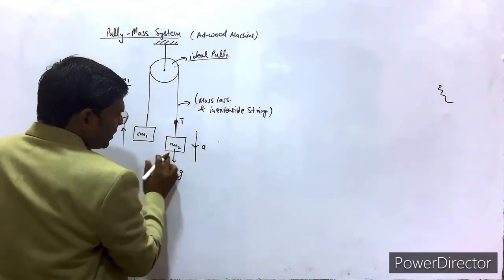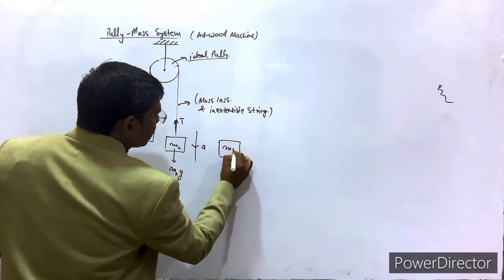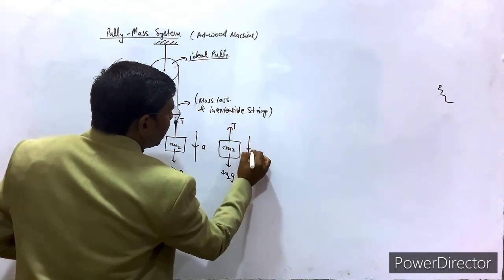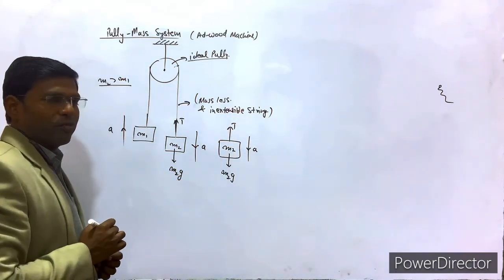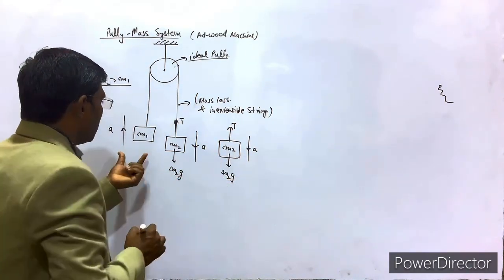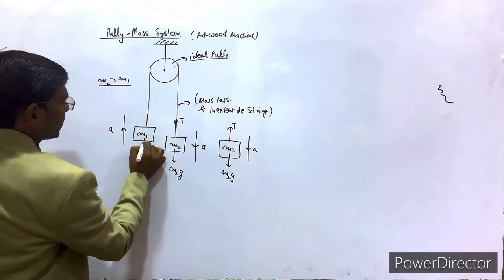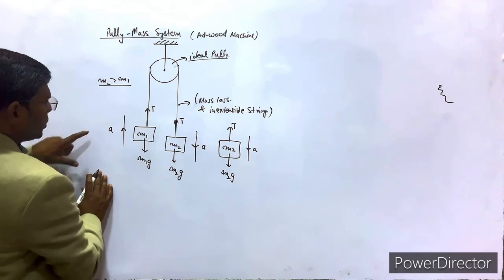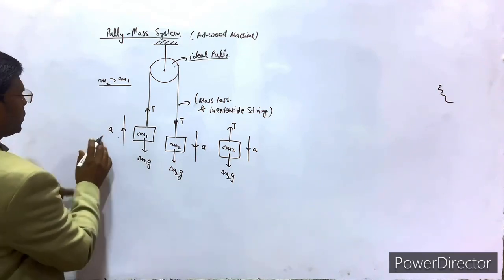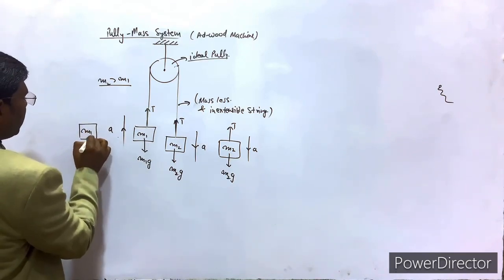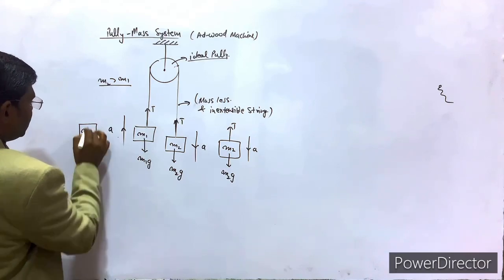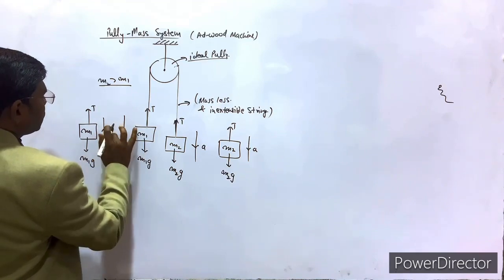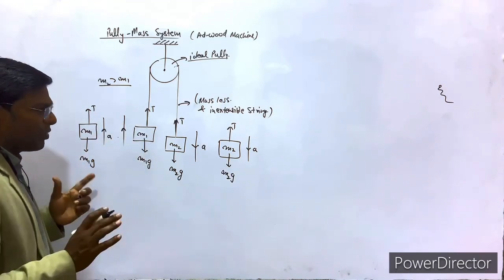If I make the free body diagram here, this is M2G, this is the tension, and the acceleration a acts downward. For the other block, there is M1G and the tension T in the upward direction, and the acceleration is upward. Here is the FBD: this is M1G, this is the tension, and the acceleration is a, going up.